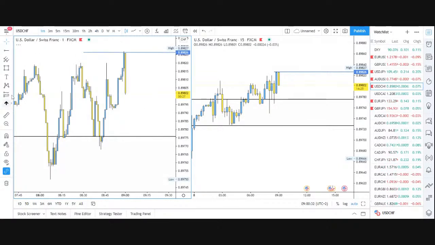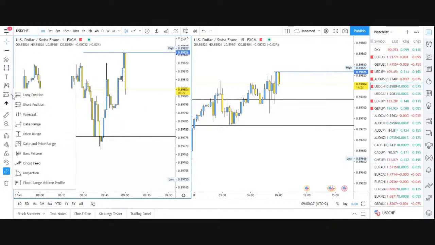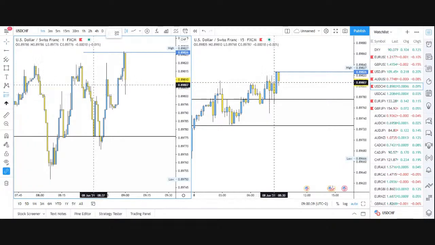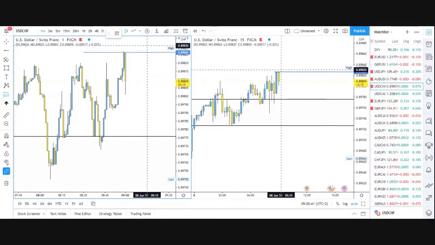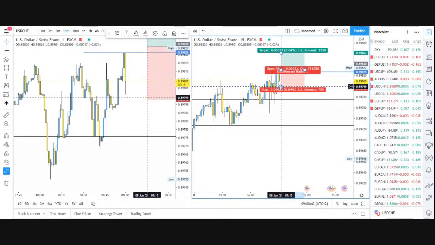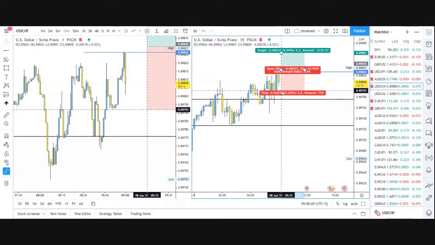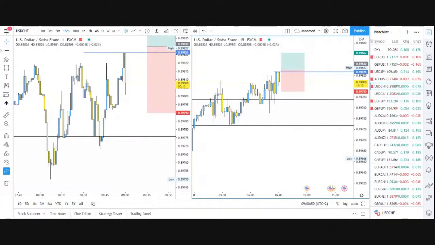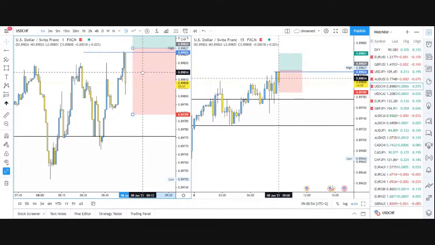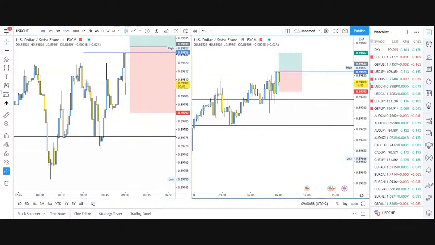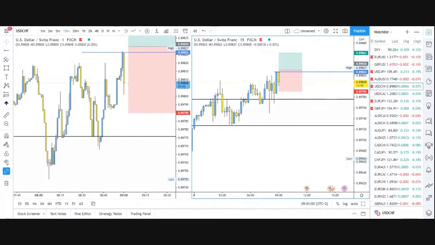Okay, maybe go for like a 4 pip stop. Okay, we're going for a 4 pip stop at about 8:30. This is USD CHF.